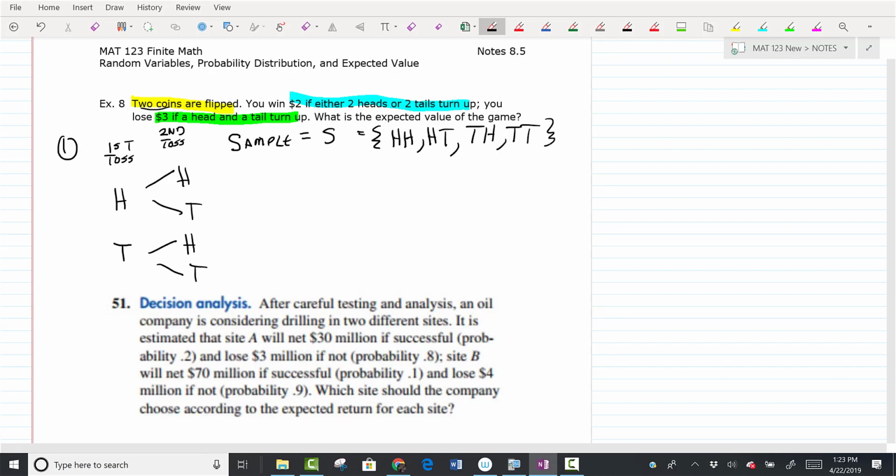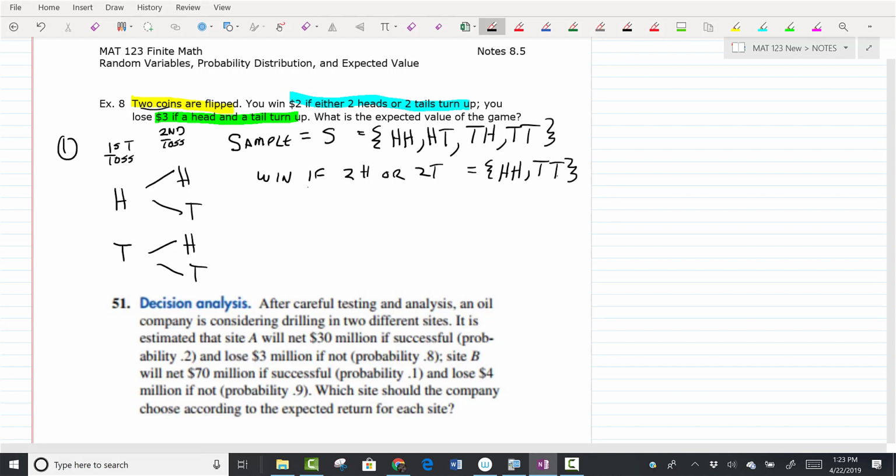Okay, so what we're going to do then is we're going to look at our random variable. So basically it says you win if you get 2 heads or you get 2 tails. So you can write that out like that. That basically would mean the possibilities HH or TT. Okay, so the probability of getting 2 heads or 2 tails would be 2 out of 4.